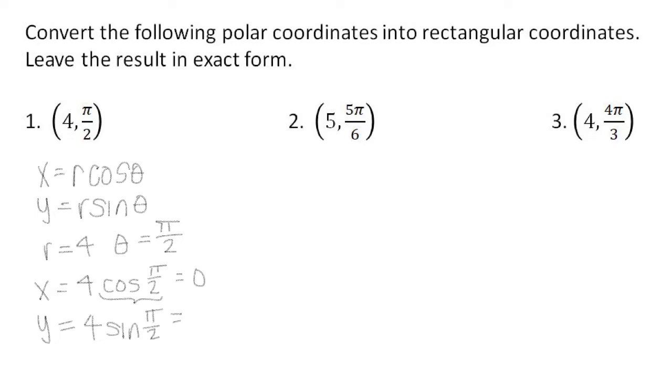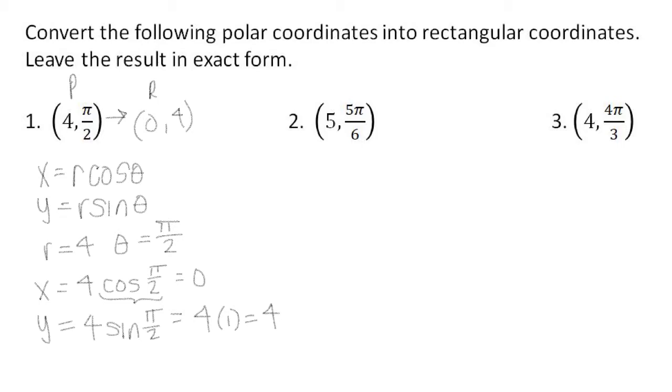Again, looking at your unit circle, that's going to be 4 times 1, which gives you 4. So our new coordinates, from polar to rectangular, are the ordered pair (0, 4).